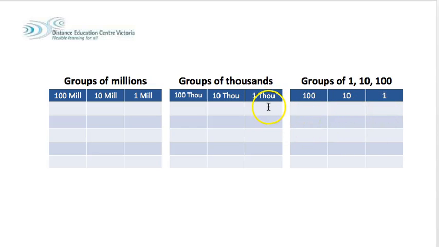Then we have 1,000s, 10,000s, 100,000s, and that's 300,000, 304,000, 576. Just making up numbers there. So sometimes you'll see a comma in this space, sometimes it's a space.